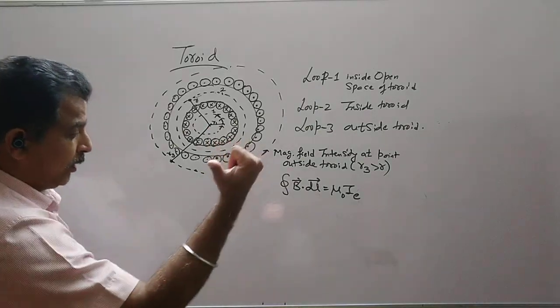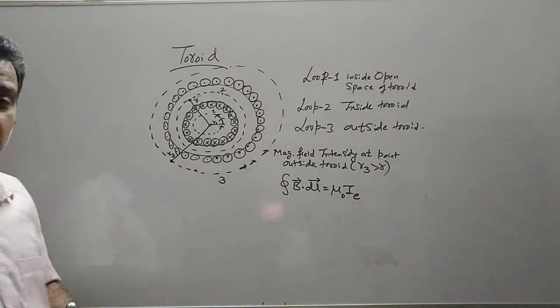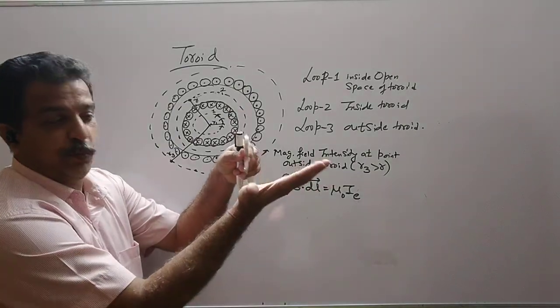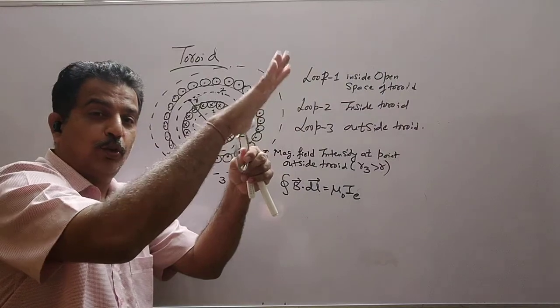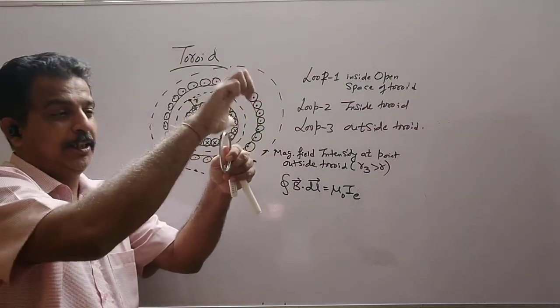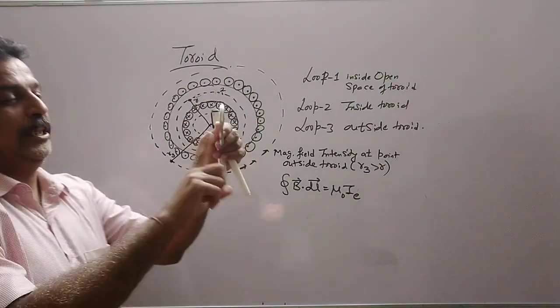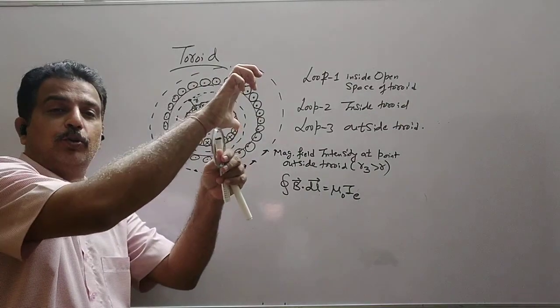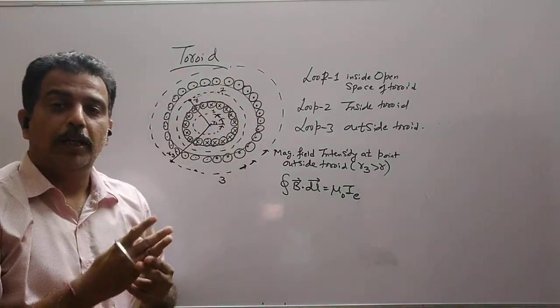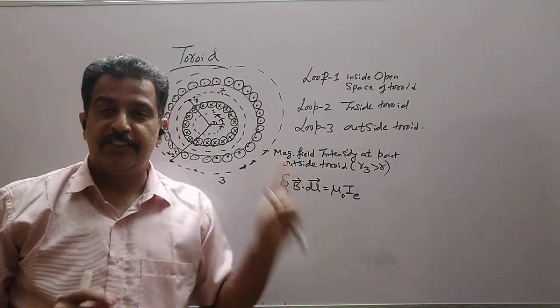So all the current coming out is positive. But at the same time, the current is also going inward. So if I have only one loop, this is I1, this is I2, and I1 is equal to I2. So the resultant current enclosed is 0.